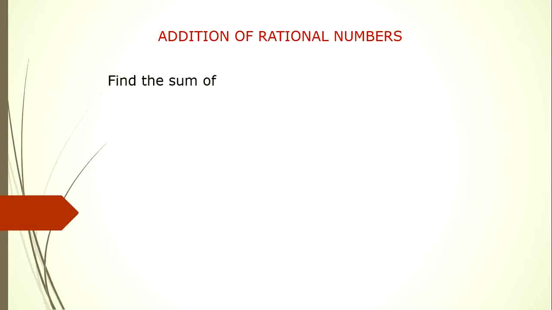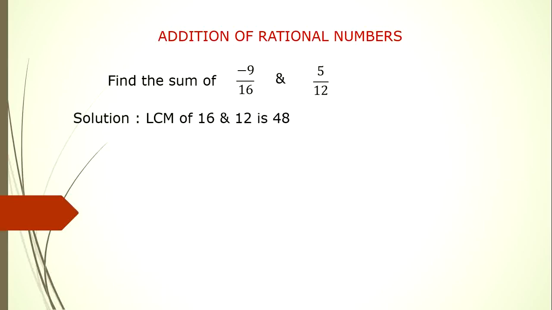Now we'll go for some more. Find the sum of minus 9 by 16 and 5 by 12. Here, the LCM of 16 and 12 is 48. So, we need to express minus 9 by 16 as a rational number whose denominator is 48. We multiply the numerator and denominator by 3. Did you understand, children? So, we get minus 9 into 3 by 16 into 3, which is equal to minus 27 by 48.